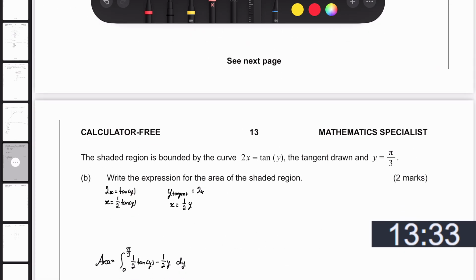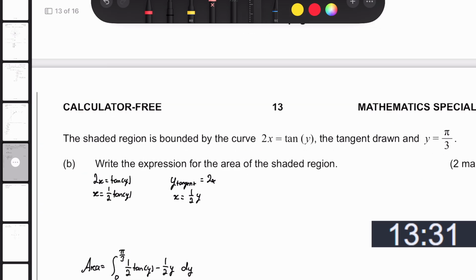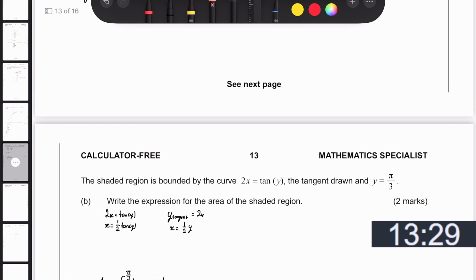The area of the shaded region is bound by the curve 2x equals the tangent, drawn y equals pi on 3.